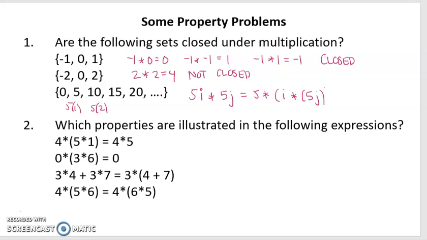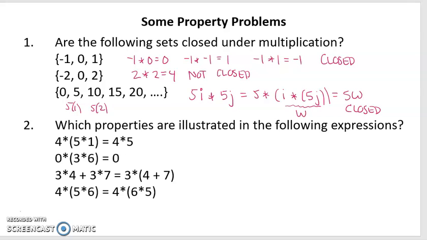Now what's nice about that is, remember, whole numbers are closed under multiplication. So this is another whole number. We'll call it w. So this is 5 times w, which is just an element in that set. So if I take any two elements in this set and multiply them, I'm going to get another element which is equal to 5 times something. So this is closed.